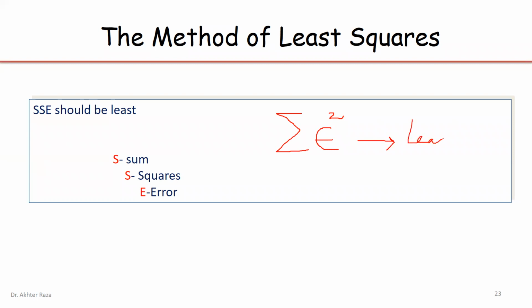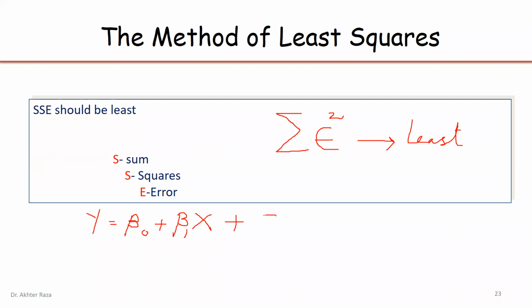So this is the technique that I am going to use to estimate the two parameters beta naught and beta 1. In our model, y is equal to beta naught plus beta 1 x plus error.